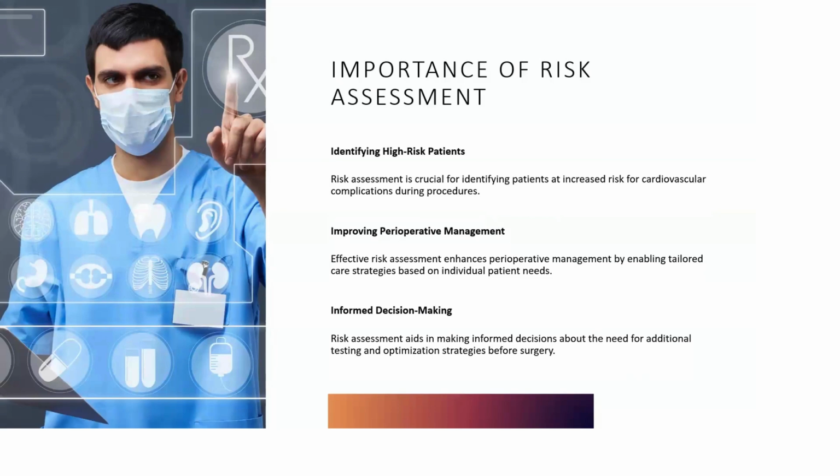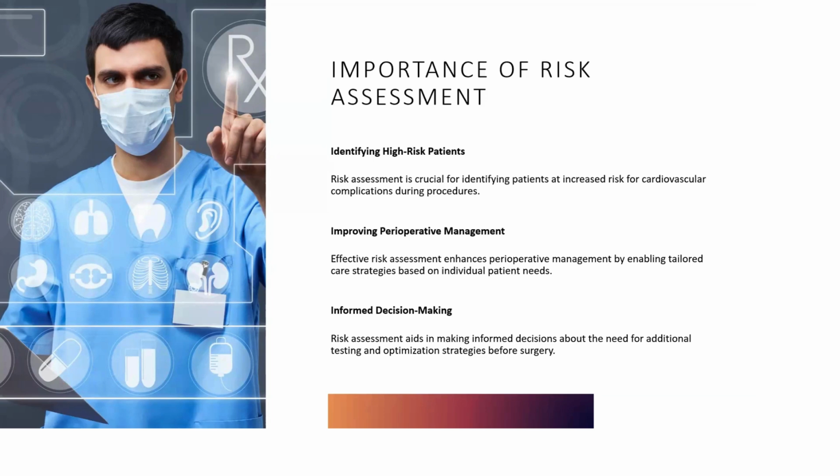So one of the things we definitely want to do when we see patients is first identify patients who are at highest risk for going through their procedure. And that doesn't mean that we will say the patient shouldn't have the procedure, but we want to make sure that the benefit of that upcoming procedure is such that it outweighs the risk.